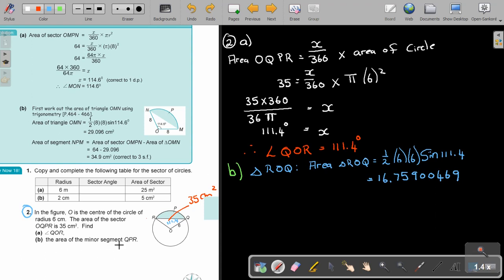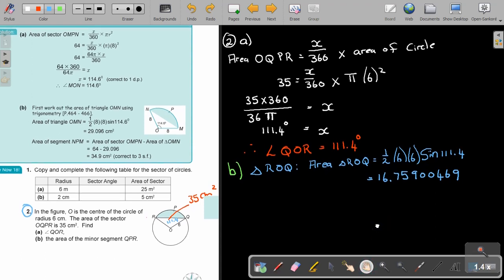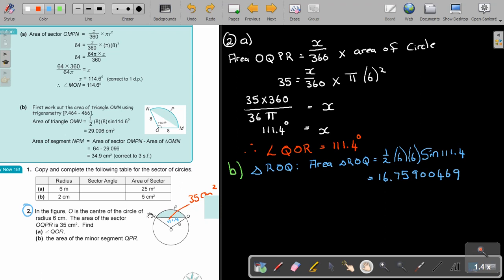And then the area of the minor segment, QPR. So now I just want to see here the area of the segment. It's that one. Okay.